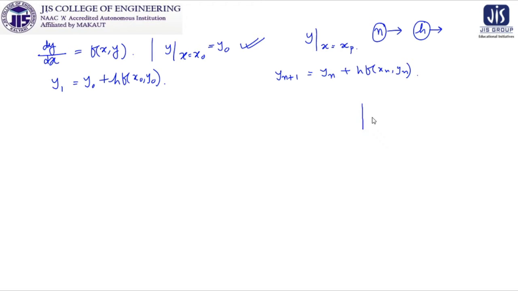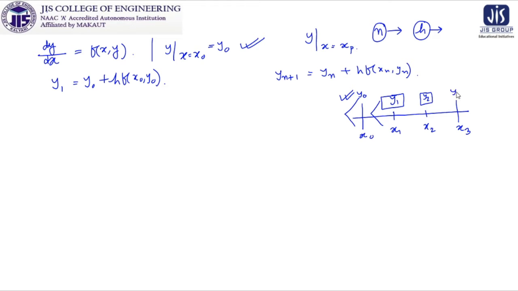If you try to visualize it in this manner, suppose this is my x0, this is my x1, this is my x2, and this is my x3. At x0 the functional value y0 is given to us. Using the mechanism of Euler's method, we find y1 using both of them. After that, the same mechanism is used to find y2 with the help of y1 and x1.